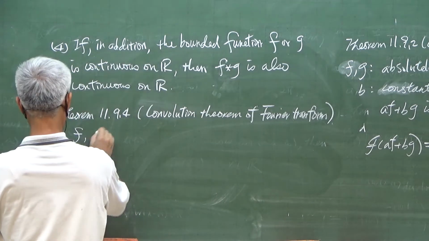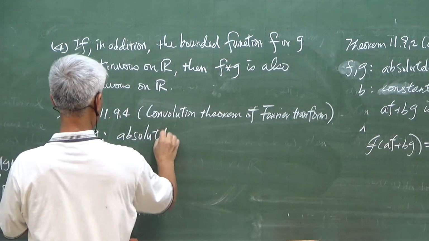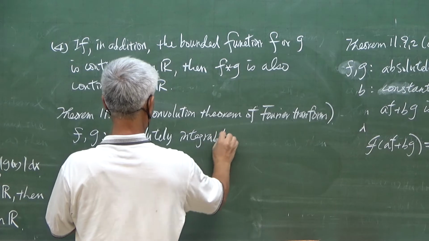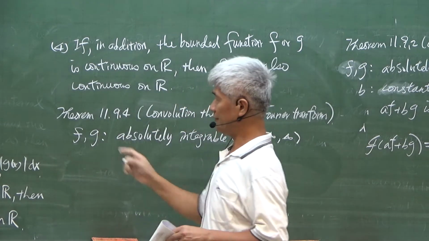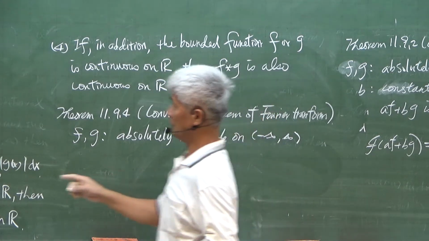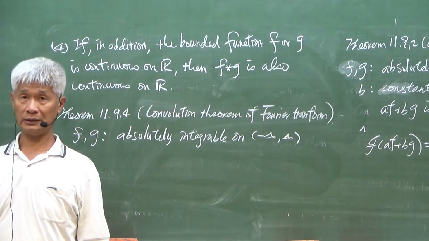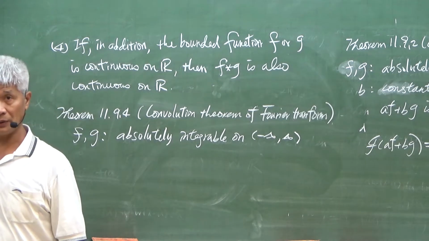Suppose f and g are absolutely integrable on the whole real line. Then we know the convolution is defined on the whole real line almost everywhere, and it is absolutely integrable.